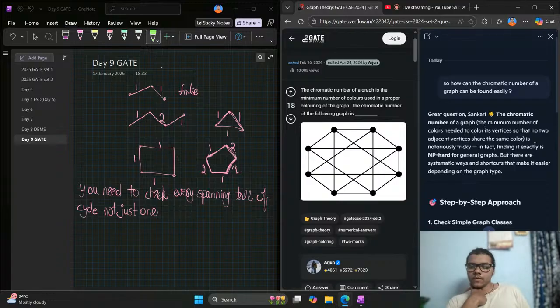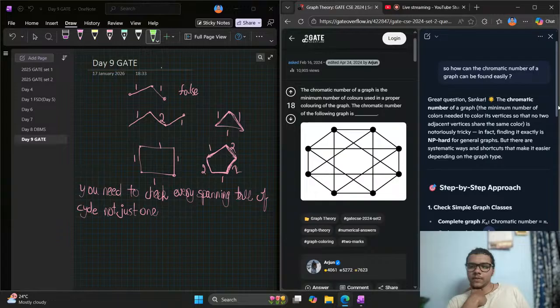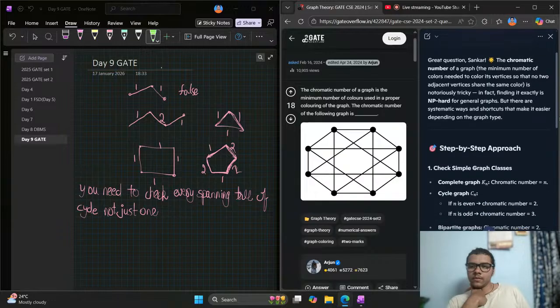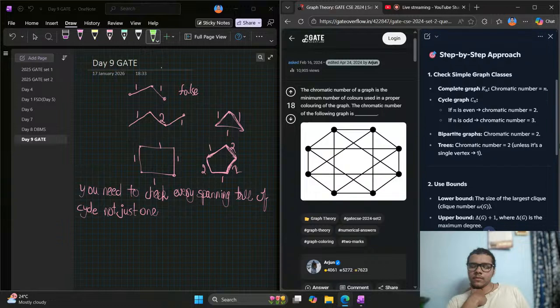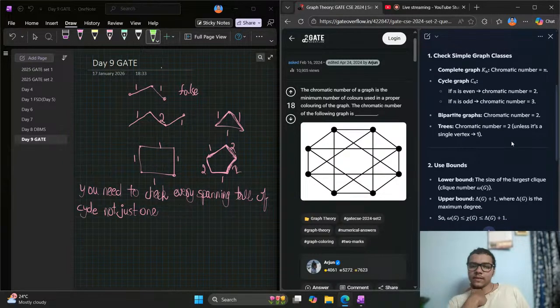It's notoriously tricky finding it exactly, and it can be hard for general graphs. Systematic ways, okay. Complete graph, that is the first approach that I have gone through.